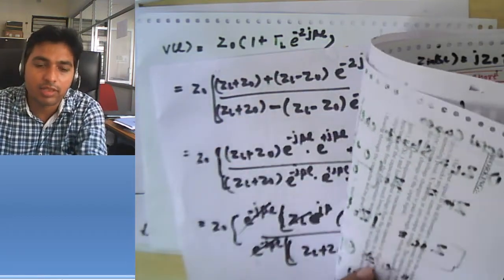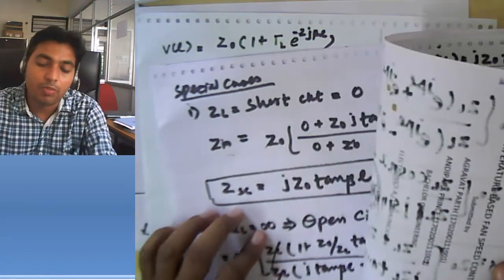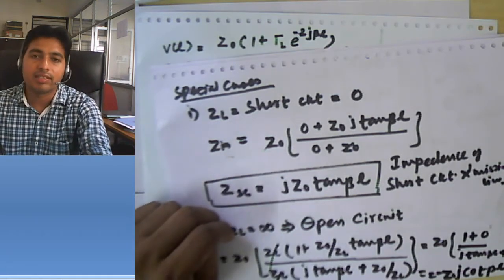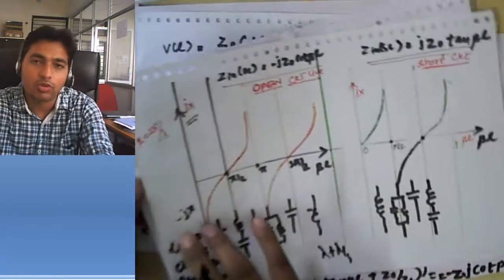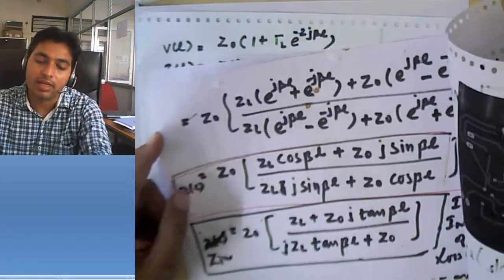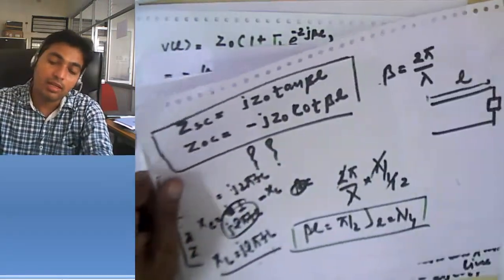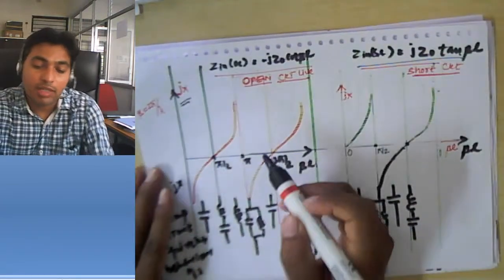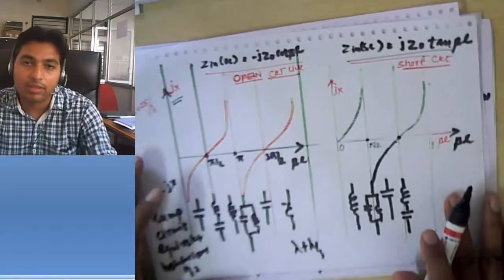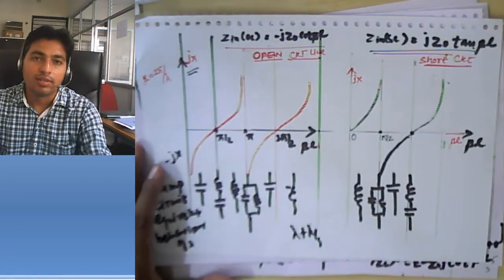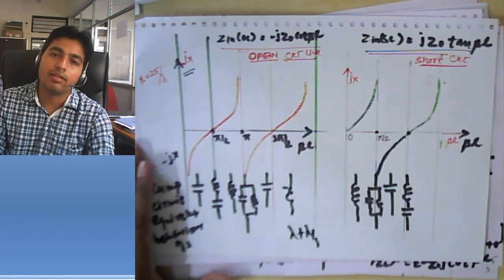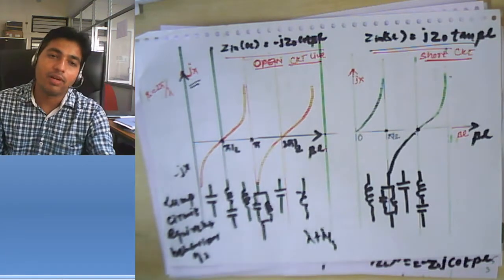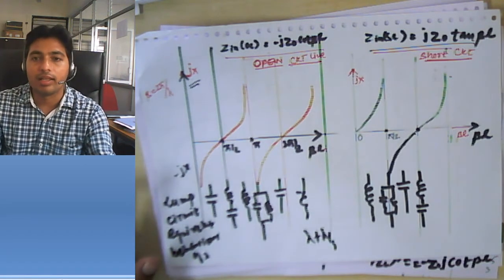We simplified it and obtained the input impedance of the line, and from that we further simplified and got the input impedance of a short circuited and open circuited transmission line. Once we know that, we have the physical meaning: if the length of the line is less than lambda by 4 or greater than lambda by 4, or any length, how it will behave, or what the lumped equivalent of this kind of transmission line will be.